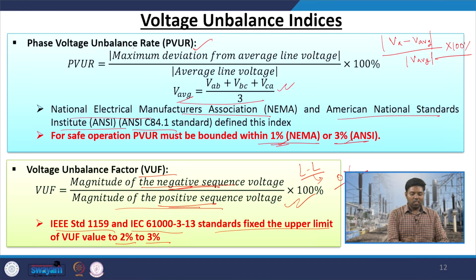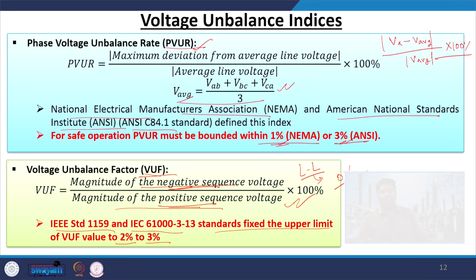So, if you take this PVUR or voltage unbalance factor, we can see the maximum allowable unbalancing effect in a network is 3%, not more than that.